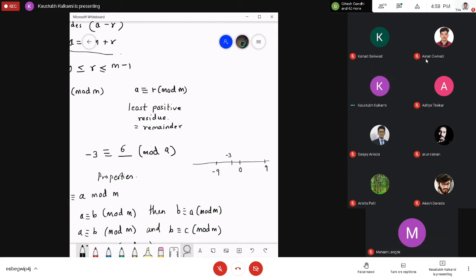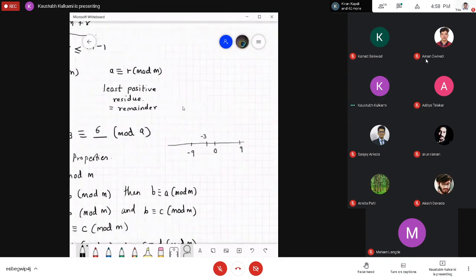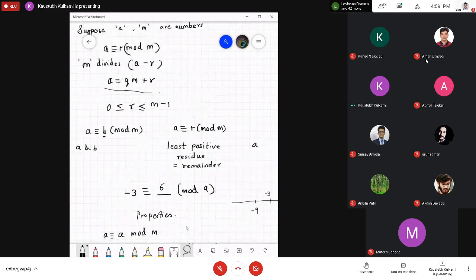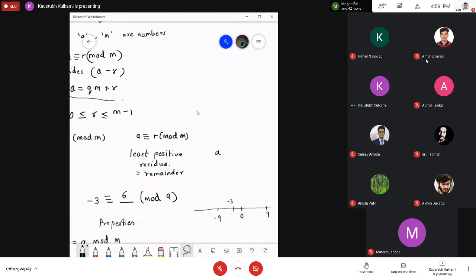Okay, wait. What is the concept of the remainder? A is equal to QM plus R. Okay. So here my A is minus 3. Quotient I don't know. And remainder I don't know. These are the two blanks that I want to fill.